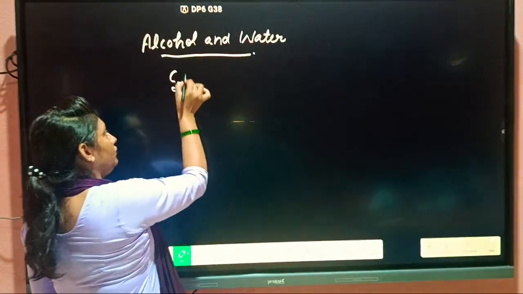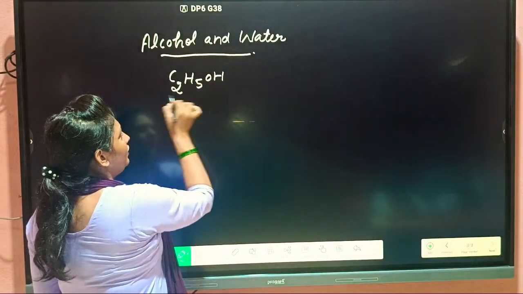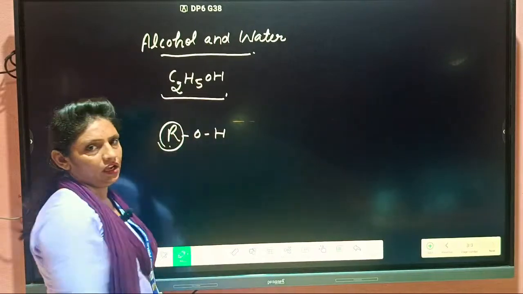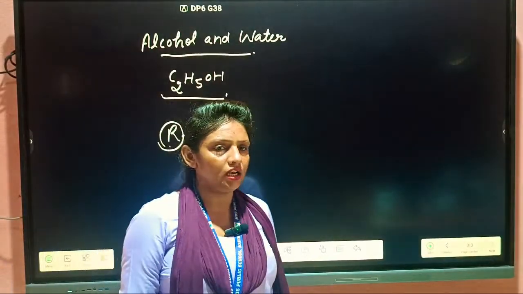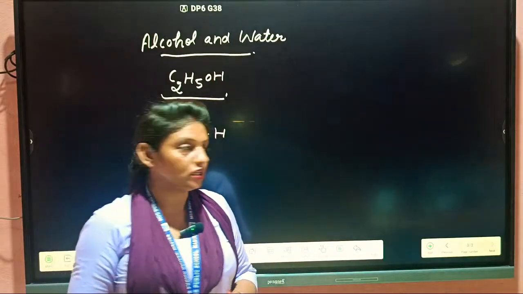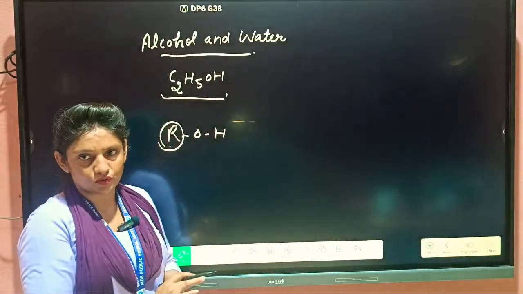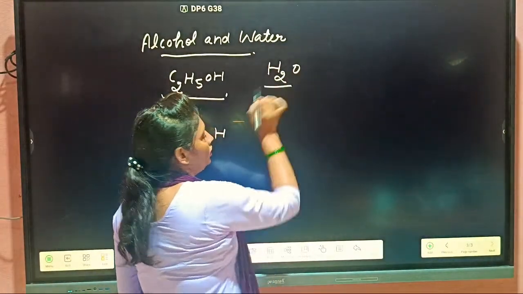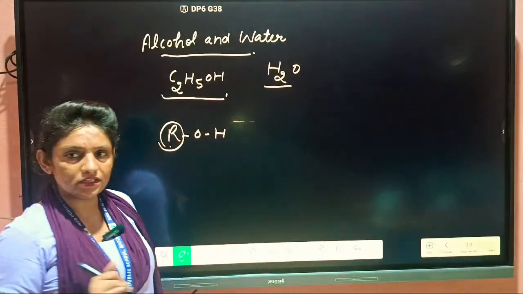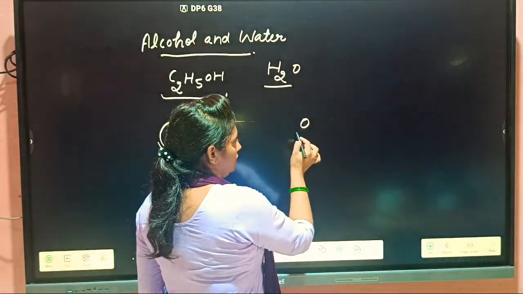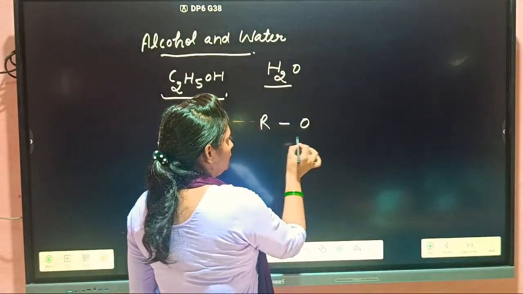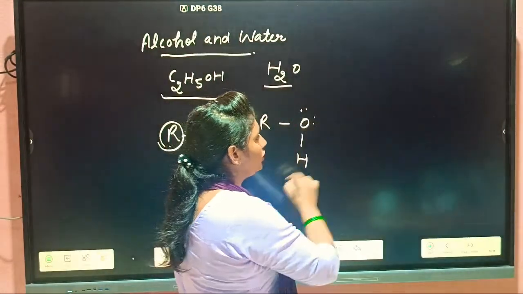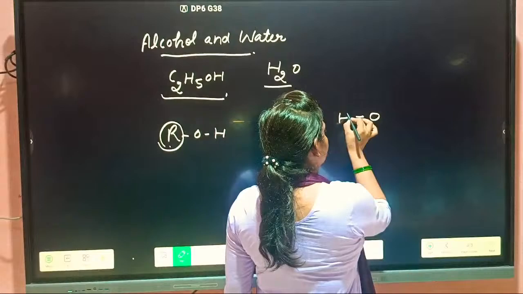Let us consider ethanol, or directly we can write ROH, because the R group may be methyl, ethyl, propyl, or butyl. Clear or not? So here I can write it in this way also. And I have one molecule of water. So students, I can write the alcohol molecule in this way, and the water molecule in this way.